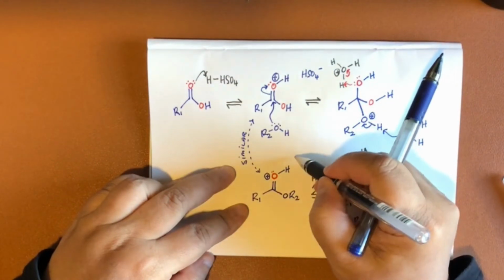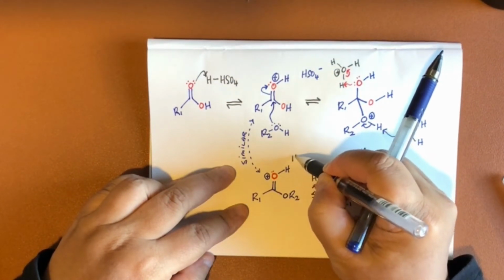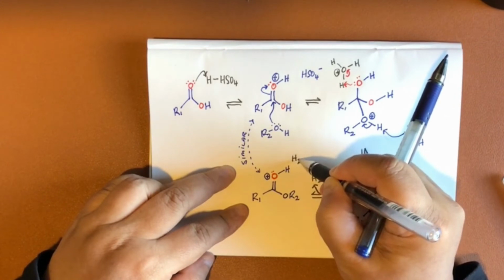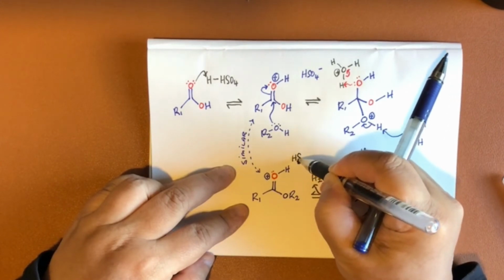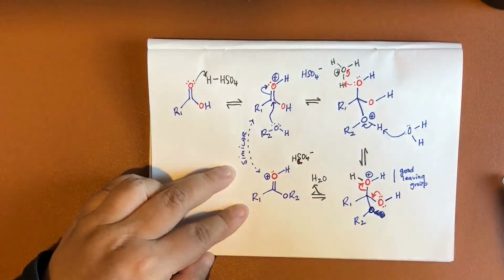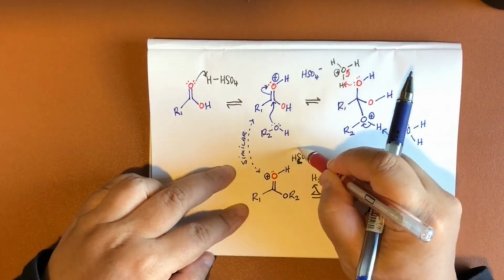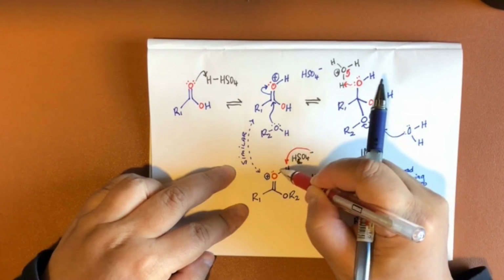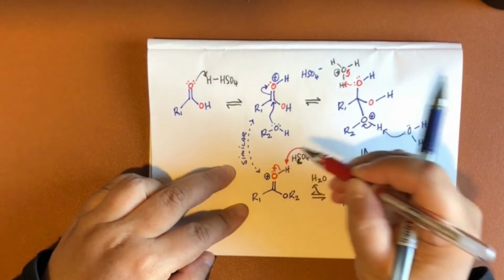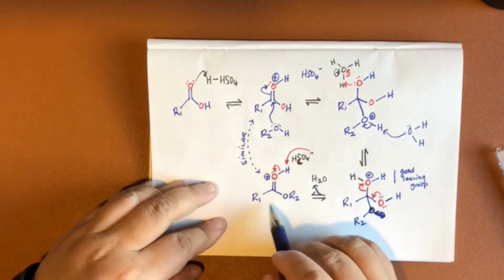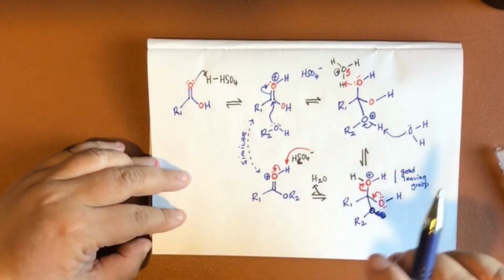So this comes back into the picture, not as H2SO4 but as HSO4 minus. So it can pick up the hydrogen, which goes into it to neutralize the charge, more or less.